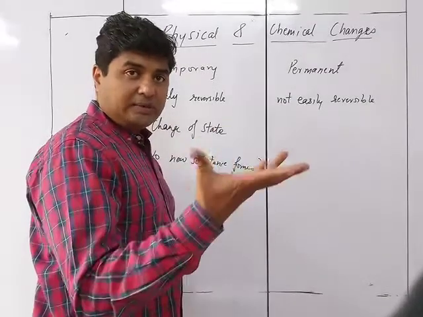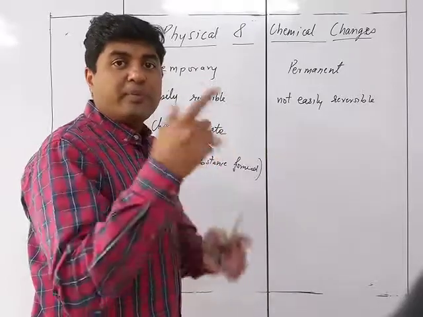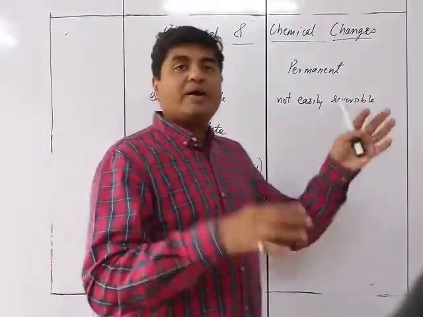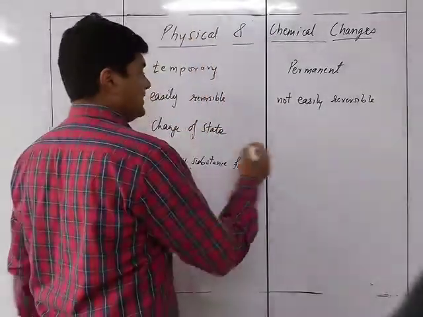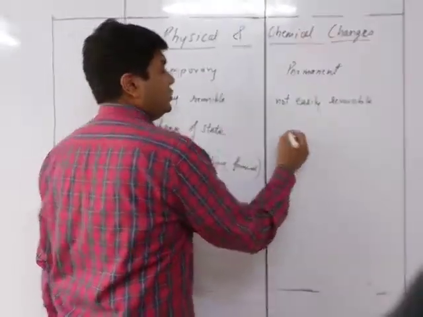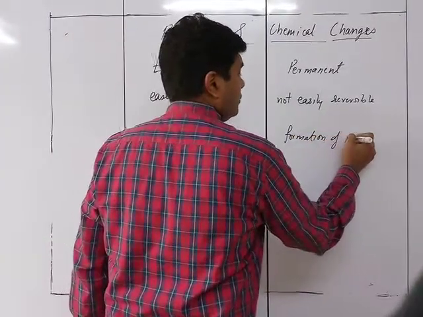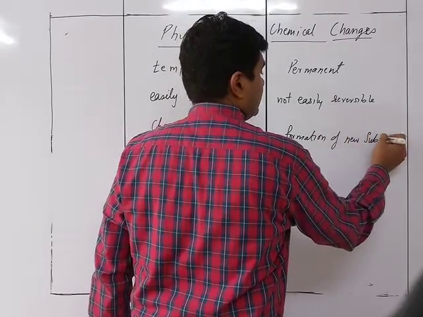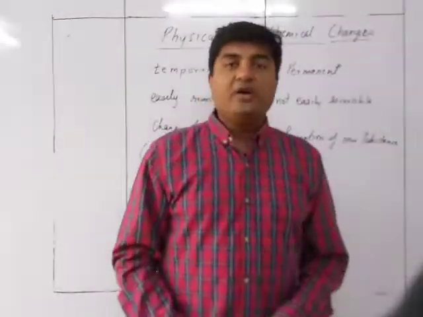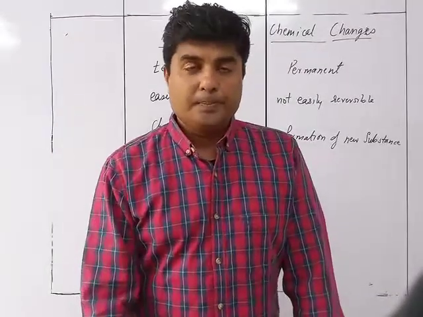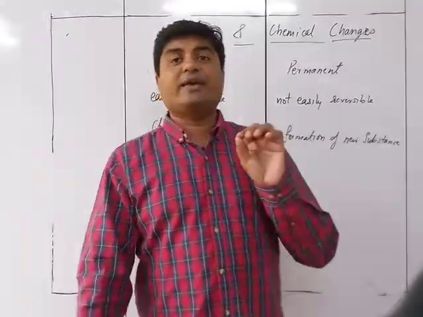So hydrogen is a substance which is completely different from oxygen, and hydrogen and oxygen forming water is completely different from hydrogen and oxygen. So a new substance is formed. Here it is not a change of state, but the formation of a new substance, which has properties different from its original form.